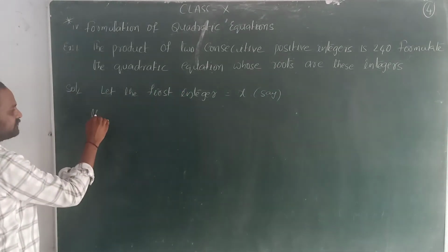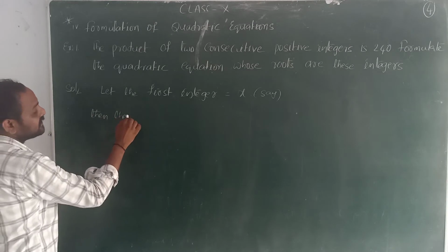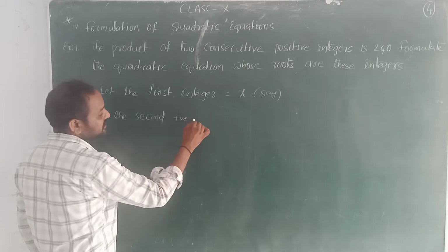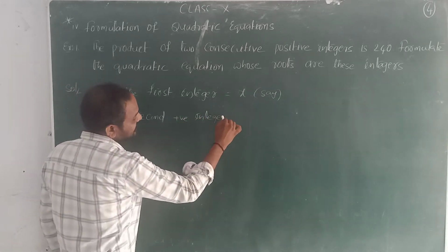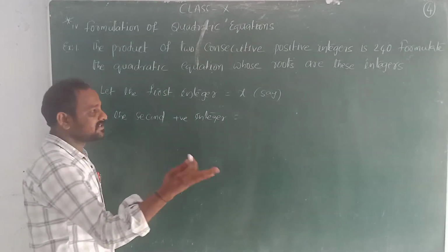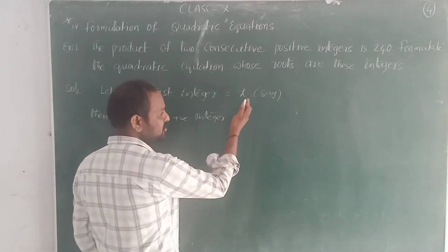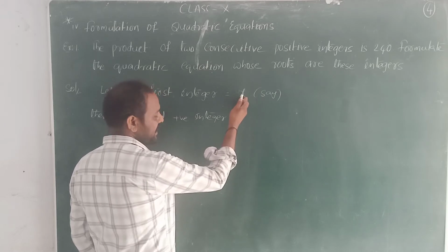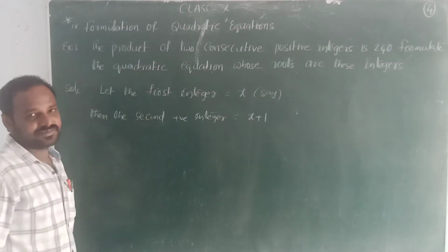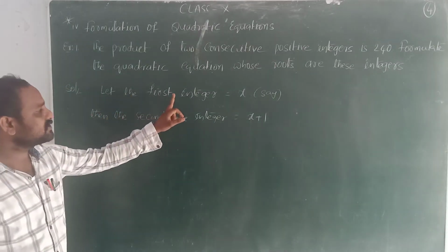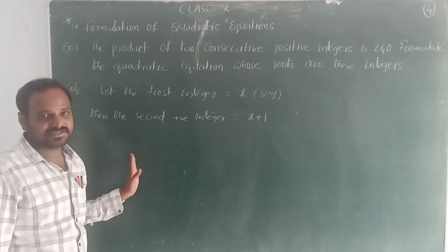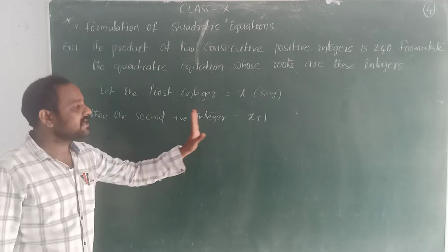Then the second positive integer is successive, that means we have to add 1 to x. It becomes x plus 1. So the first positive integer is x, and its consecutive number is x plus 1.